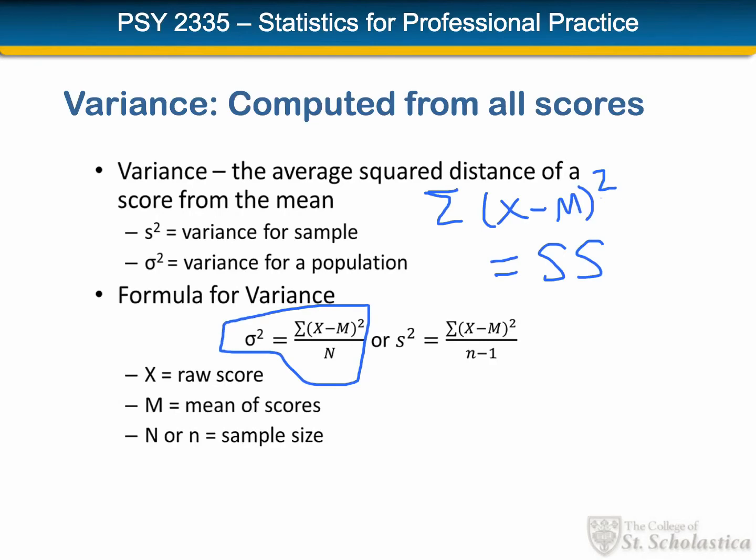And it turned out that the correct adjustment to fix that is to divide by the sample size minus 1 rather than by the sample size. So our equation overall will have the sum of squared deviation scores on the top part of a fraction, and on the bottom n if we know that we're dealing with the entire population, or in almost every situation in real life, n minus 1 for a sample.